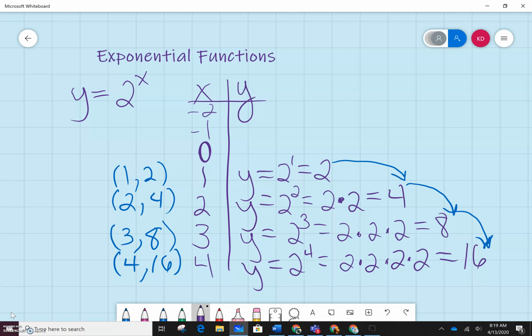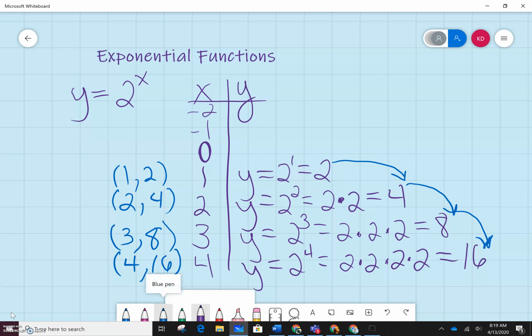Now, if we are multiplying by 2 as we move down the table, then as we're moving up the table, that means that we're actually dividing by 2.